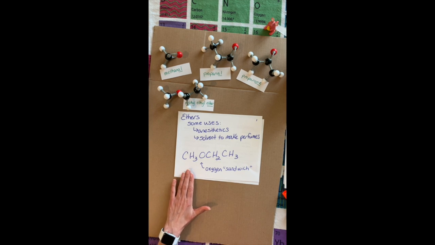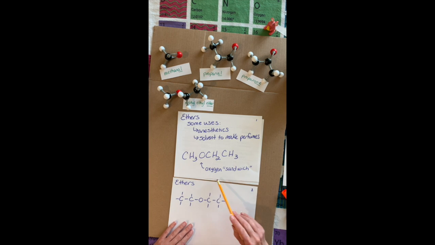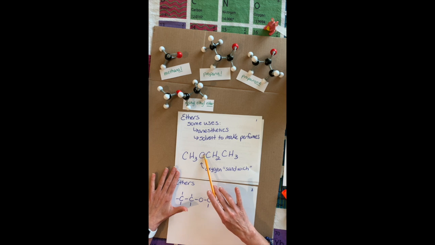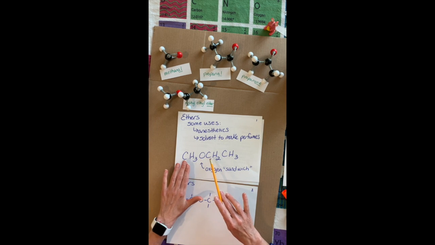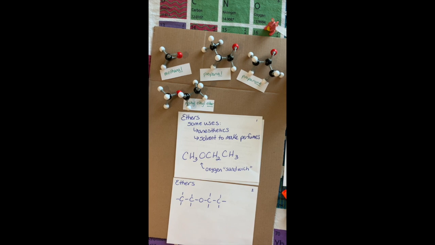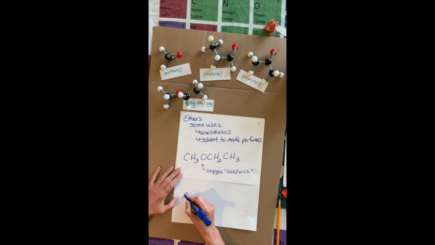This is the condensed formula, and I've noted what I call an oxygen sandwich. So when you look at the condensed formula, if you just see that oxygen in the middle of 2 carbon groups, you know you have an ether. Let's write this out as a structural formula.